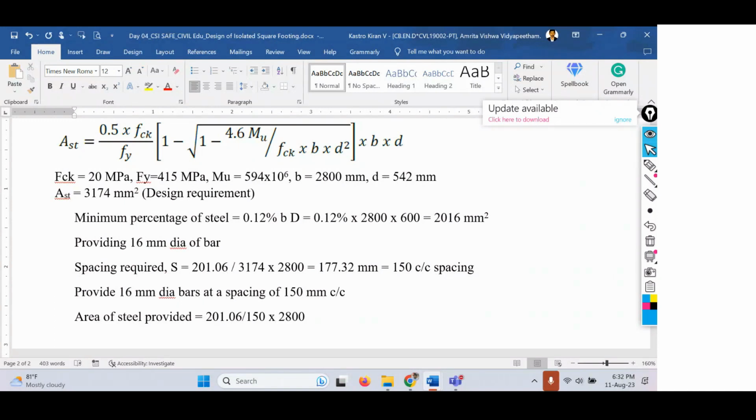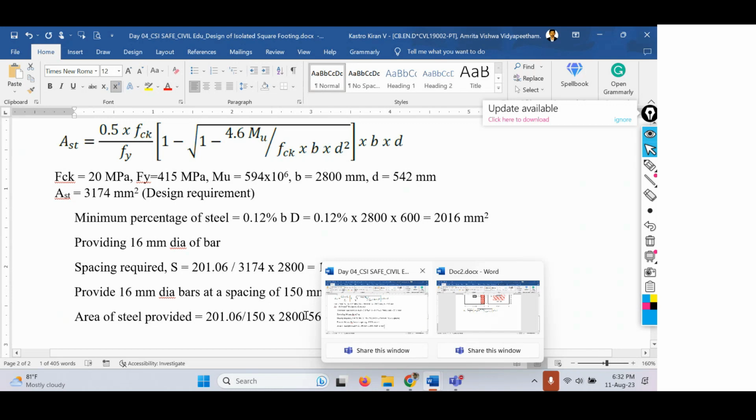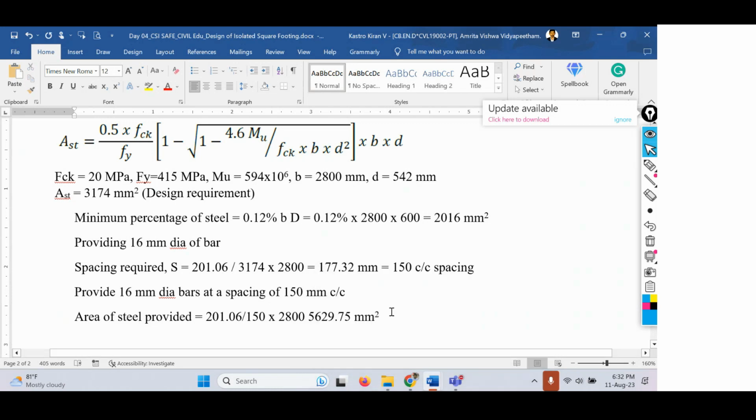So the value will become 5629.75 mm square. This is the area of steel that we have provided.